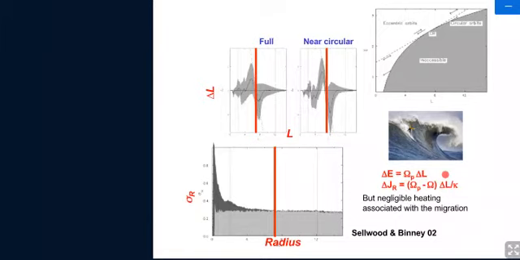So we put ourselves in phase space. This is angular momentum on this axis, and energy on this axis. We have the locus of circular orbits by this black line over here. At fixed energy, stars cannot have more angular momentum than a circular orbit. So this is all inaccessible space, or unphysical.